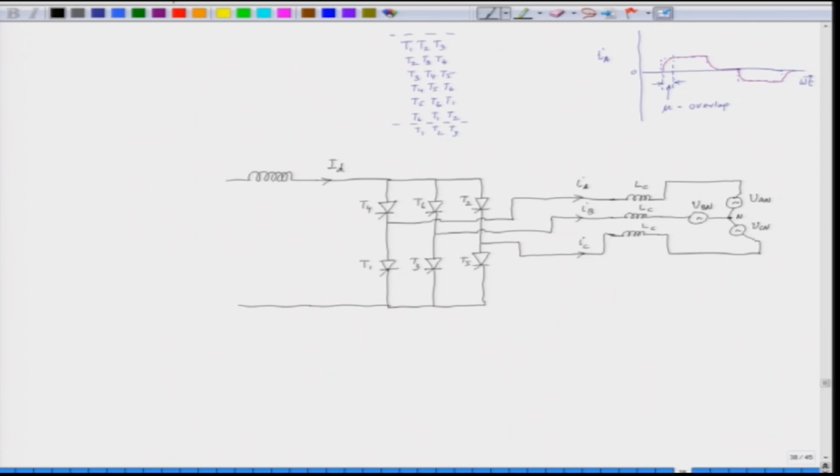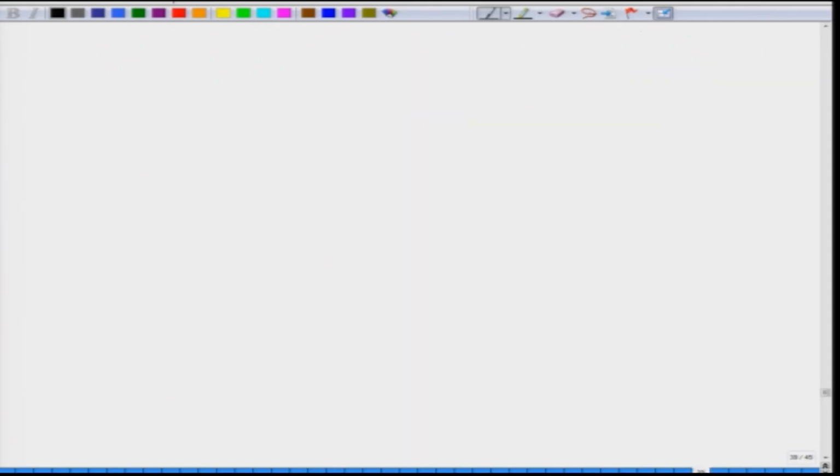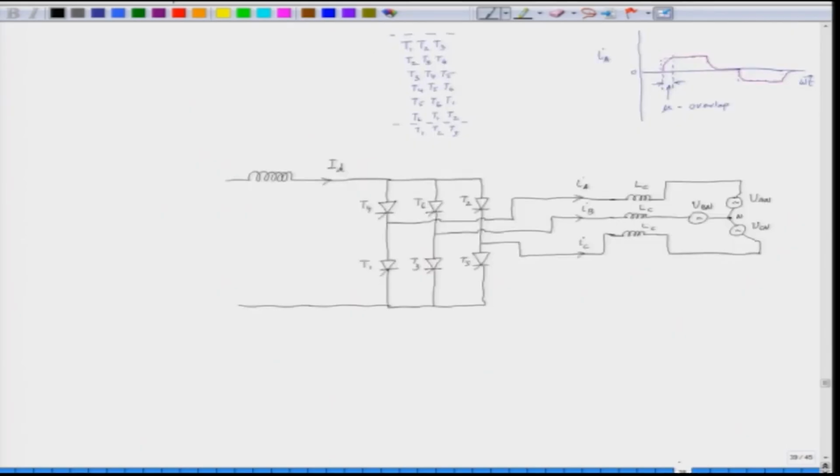So, let us now say that we analyze this commutation by drawing the voltage waveforms. The voltage waveforms which are in the line, this is phase A, this is phase B and this is phase C. The load is an active load.